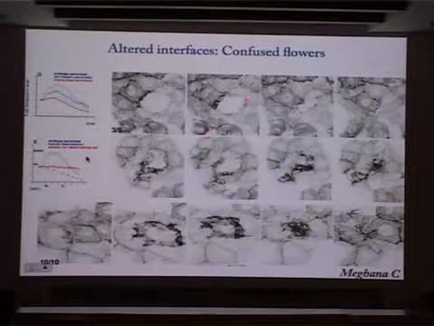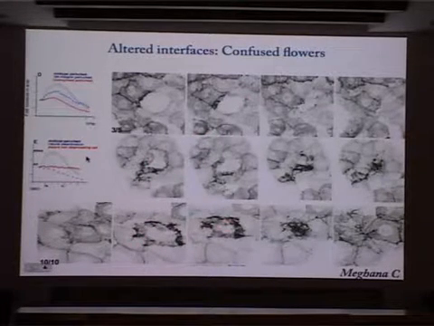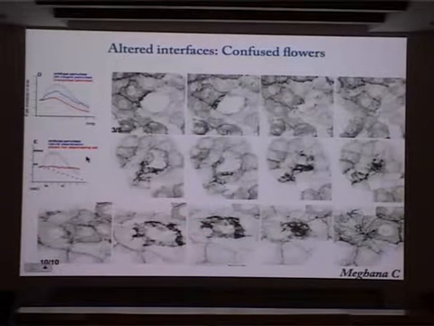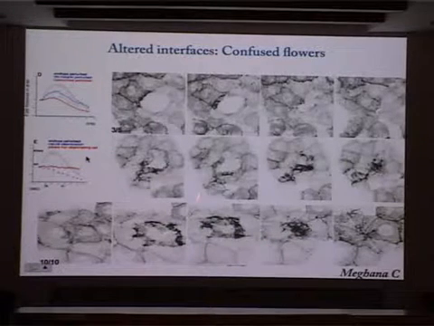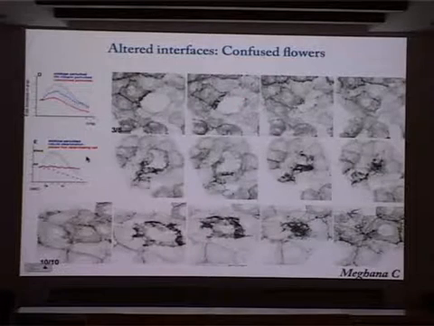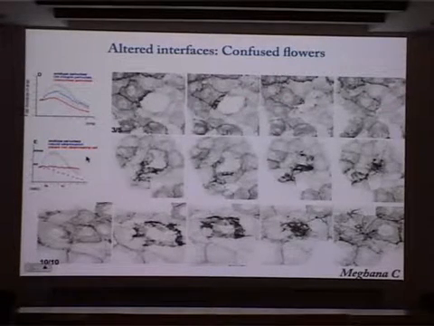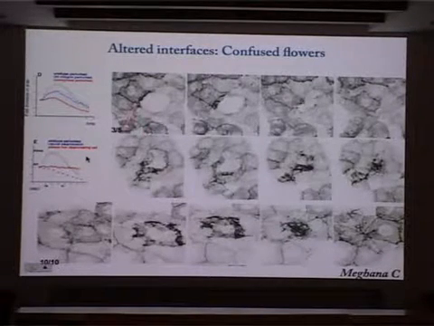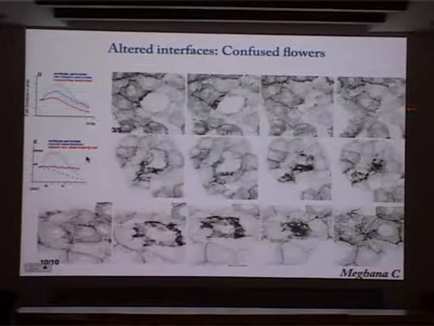So you begin to see, in large number of cases, these ruffles are pointed all over the place. They're not going inwards into the cell, but in some cases they're also going on the other side of the cell. And the ring doesn't appear to form as crisply as it should.